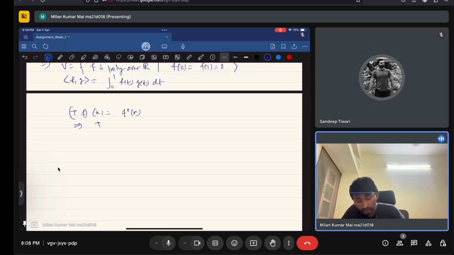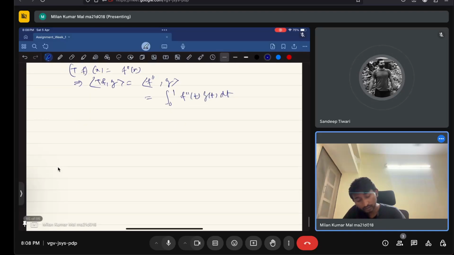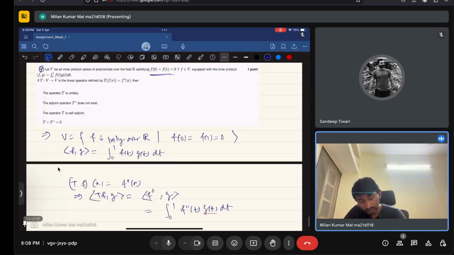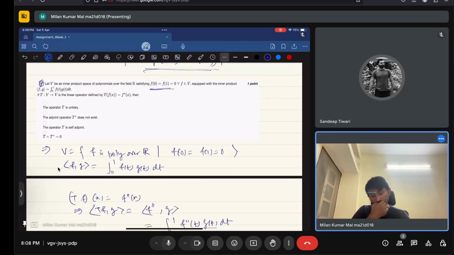Now T of f inner product with g is the inner product of f double dash with g, and that equals the integral from 0 to 1 of f double dash t g t dt.